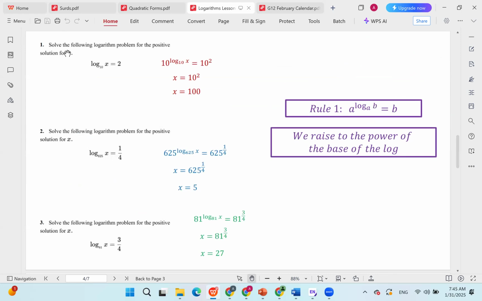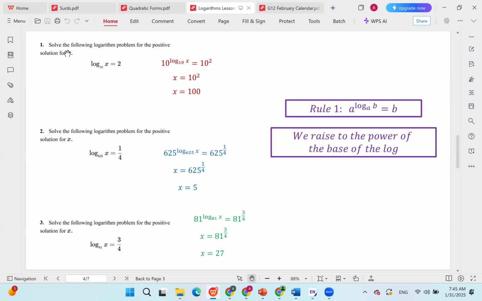We have a logarithmic equation, log base 10 of x equals 2, and we want to figure out the value of x. So we have a base of 10, and we just said that the base of the exponent cancels out the base of the log.